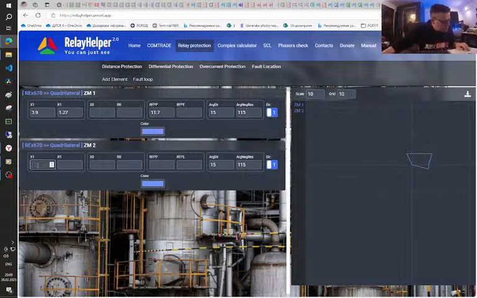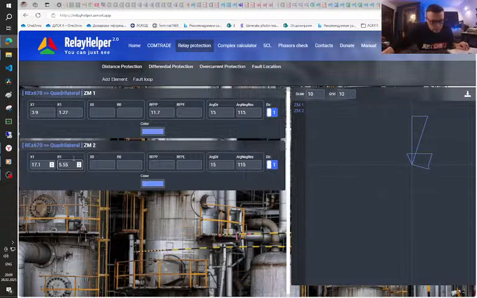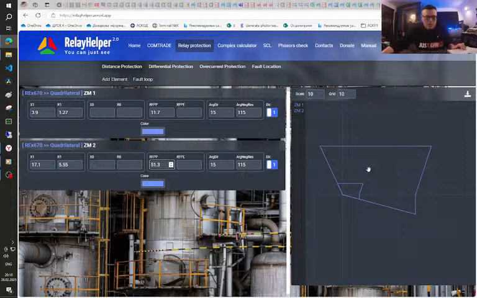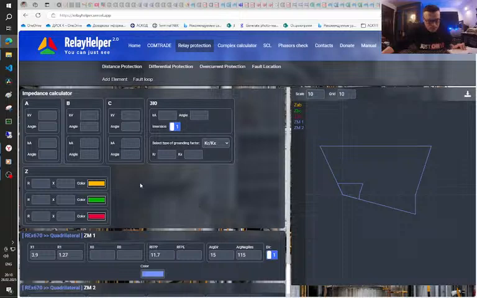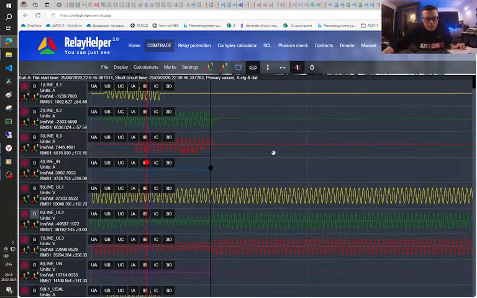And the second zone. So this is how our distance zones look like. Let's add an impedance calculator and link analog channels to that impedance calculator.